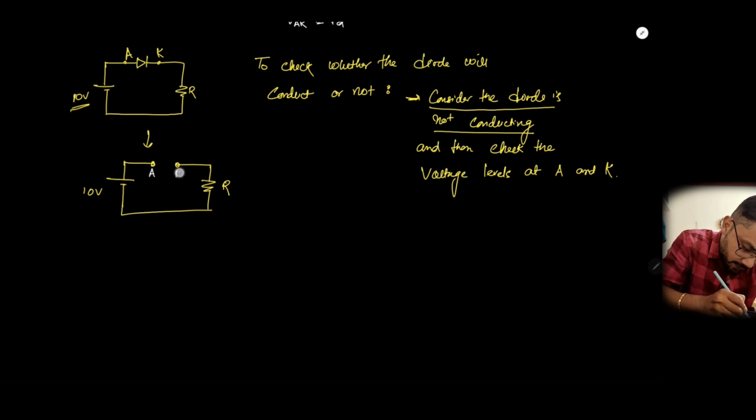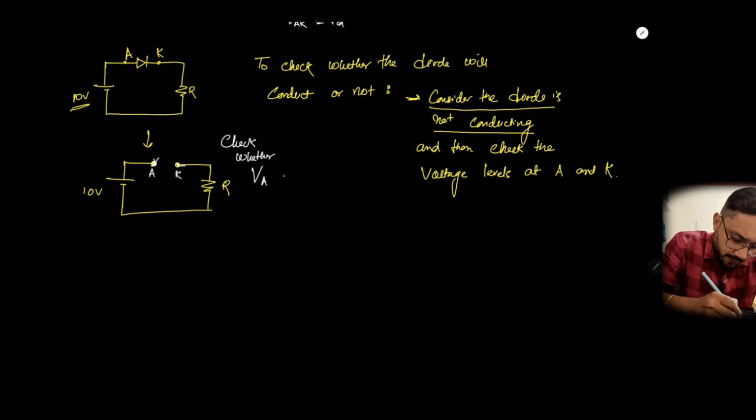Now check the polarity and the magnitude of the voltage at A and K, and see whether the voltage at the anode terminal is greater than the voltage at the cathode terminal or not. So you need to check whether VA is greater than VK or not.